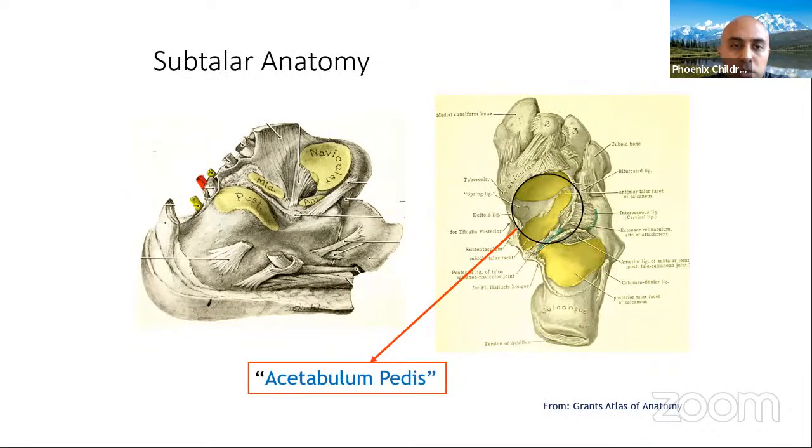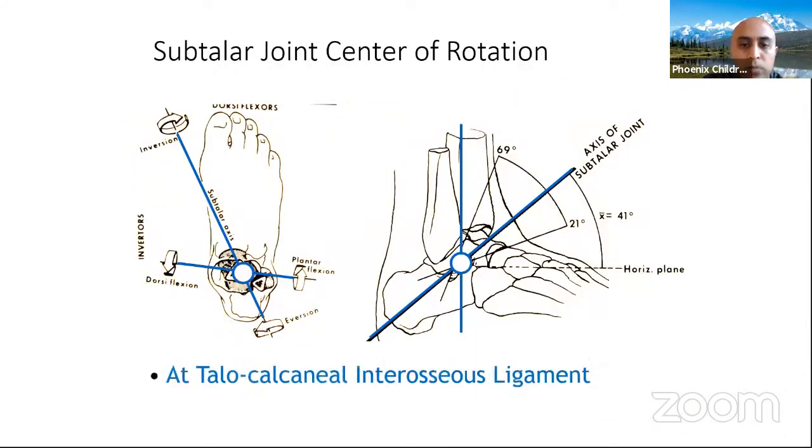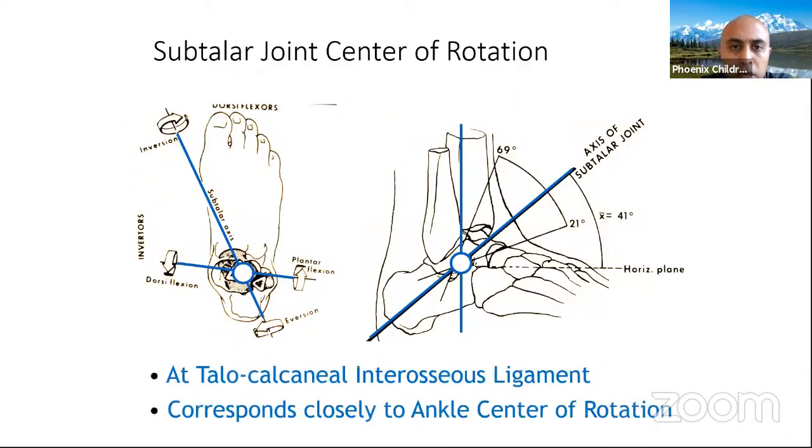So as you all know, the subtalar joint is formed by the talus sitting in the acetabulum pedis, as shown here. And it is very important to understand this anatomy, as this is what allows correction of the foot using the Ponseti method. It also depends on the axis of the subtalar joint, which is oblique in two planes, both in the frontal plane, as shown here, and in the sagittal plane, and therefore there is this coupling of movements.